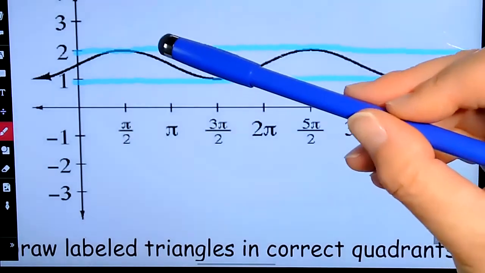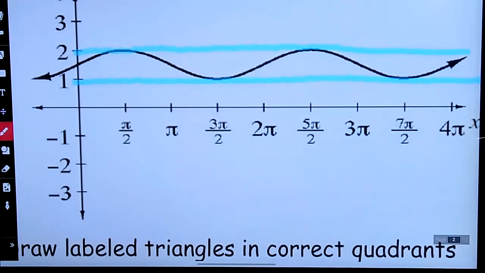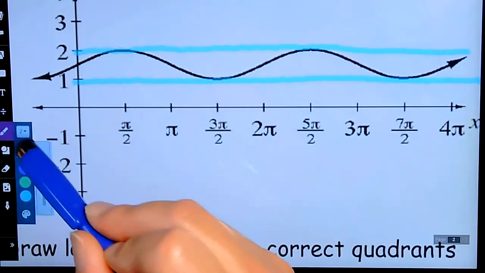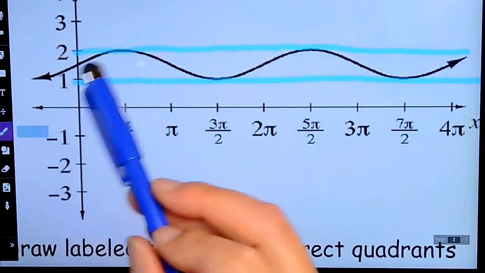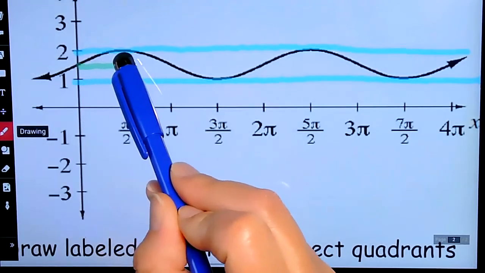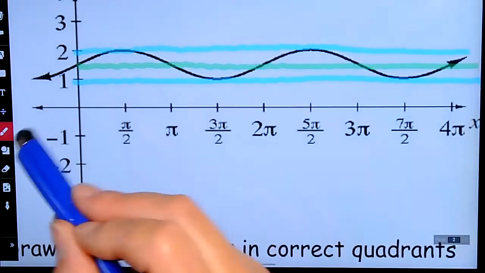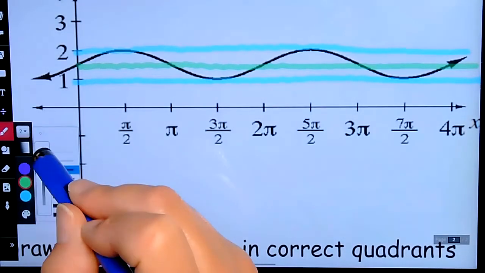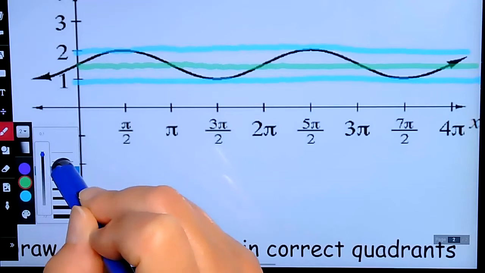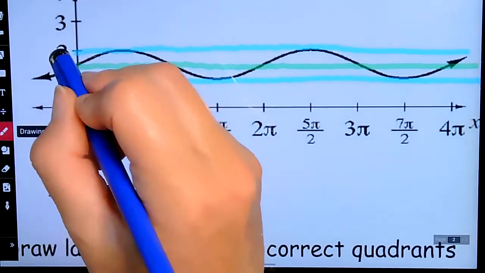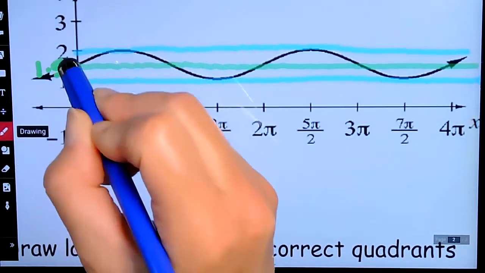So if my highs are at 2 and my lows are at 1, halfway in between is going to be my vertical shift. So my vertical shift is going to be at 1.5. So this is 1.5 right there.